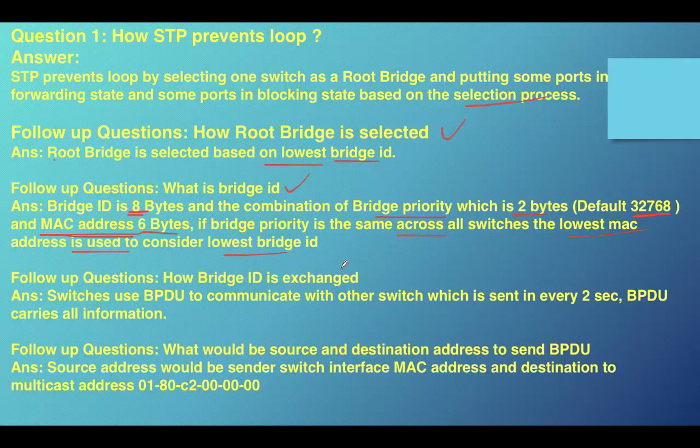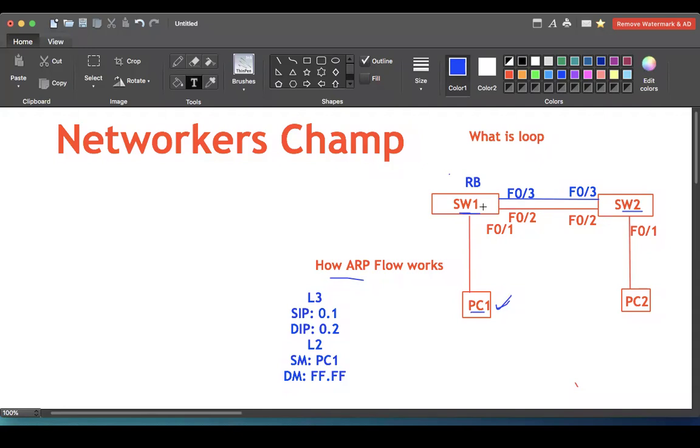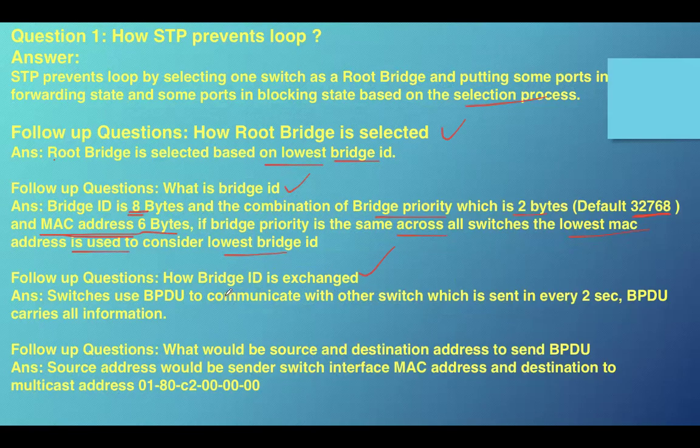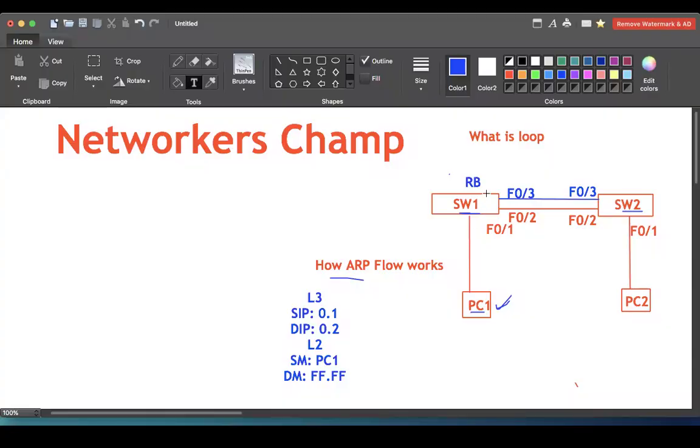Another follow-up question may be: how is bridge ID exchanged? In other words, how does switch 1 know the bridge ID of switch 2, and how does switch 2 know the bridge ID of switch 1? How do they know each other's bridge ID? The answer is that switches use BPDUs to communicate with other switches, sent every 2 seconds. This switch will generate a BPDU, and this switch will generate a BPDU.